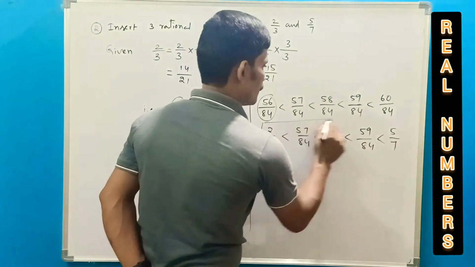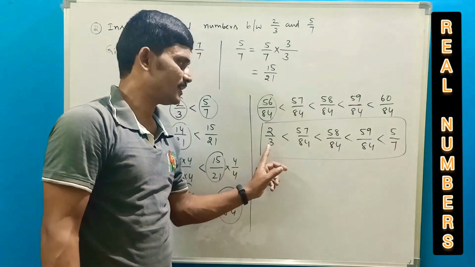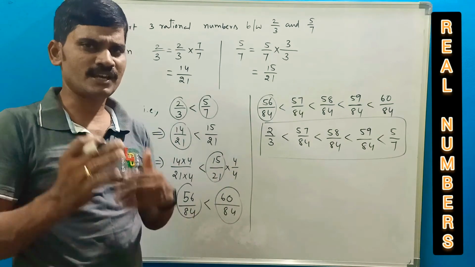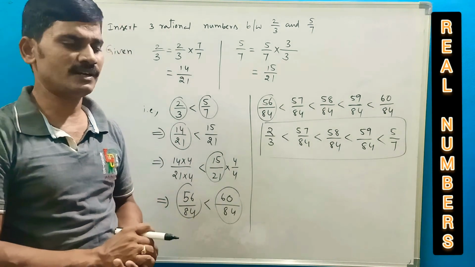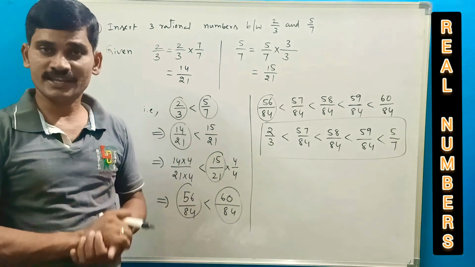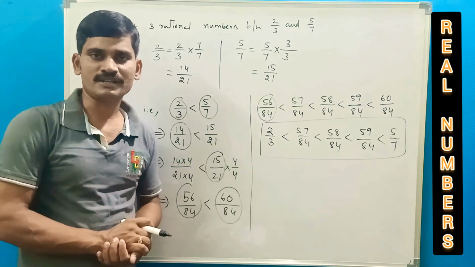This is how we can insert 3 rational numbers between given two rational numbers. Any number of rational numbers can be inserted by this equivalent method, which is very easy rather than the mean method. Okay, I hope you understand.